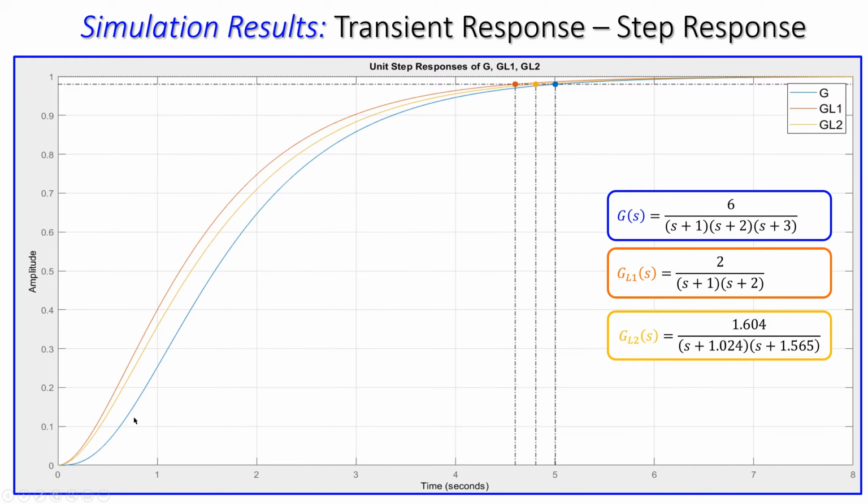You can see again the blue line is the original one. That's the system. The yellow one is the more accurate approximated system. So that's actually also closer to the blue line. So it is following that more accurately. And the dark orange line is not as accurate as that yellow line.